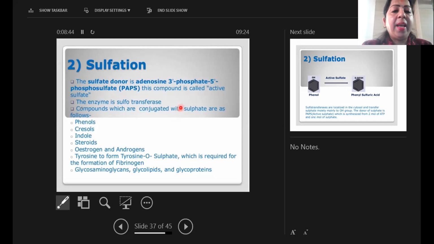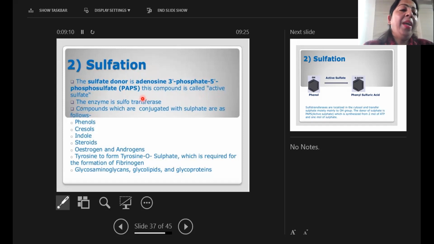The sulfate donor is adenosine 3-phosphate 5-phosphosulfate. In brief, we call this PAPS. PAPS is always the donor of the sulfate group, not only in this reaction but in most of the sulfation reactions. And this compound is called the active sulfate.